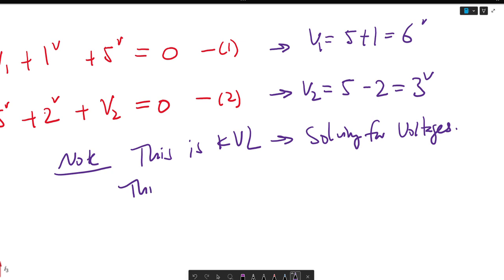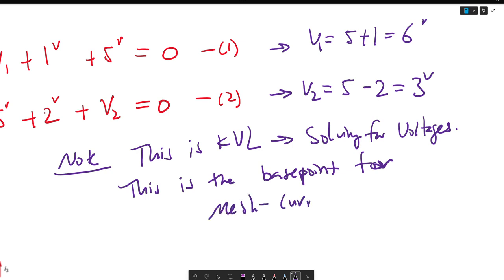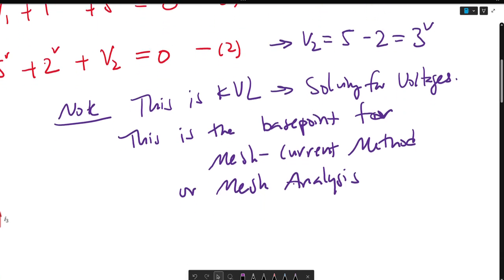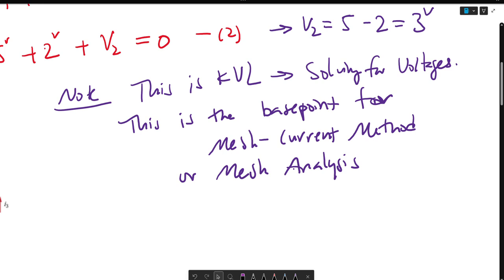And lastly, this is the base point for what we call the mesh current method, or mesh analysis. If you remember from mesh analysis in the previous lecture, lecture 7, please make sure to check that out. We're solving for voltages.